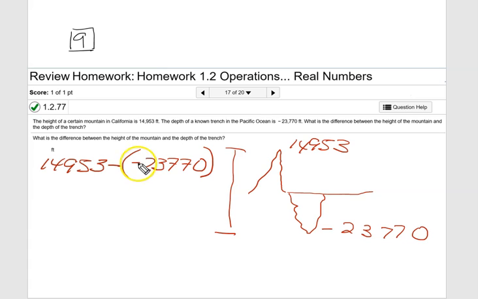Now notice an interesting thing happens here. When we subtract a negative, the opposite of a negative makes this positive. So our answer is 38,723 feet.